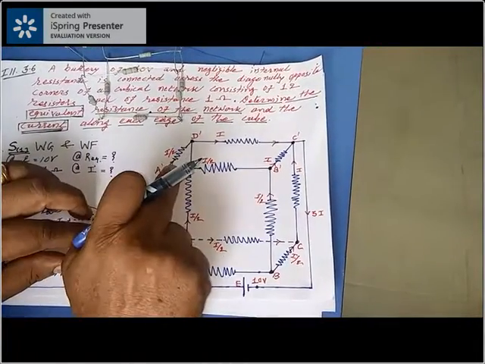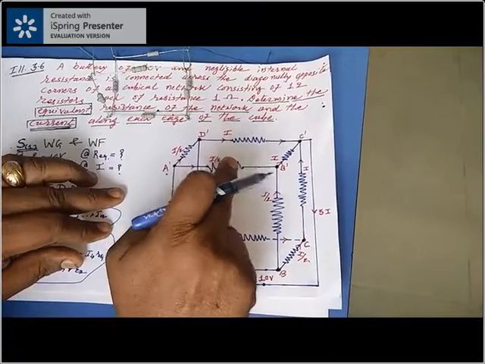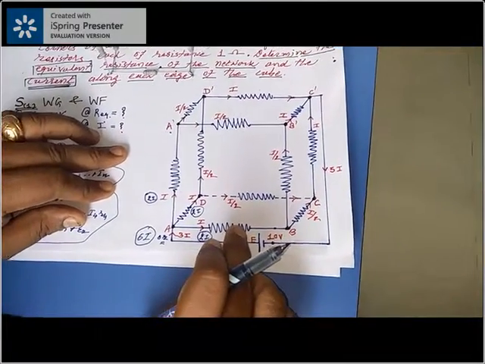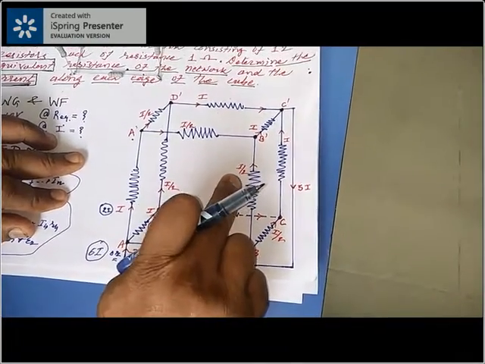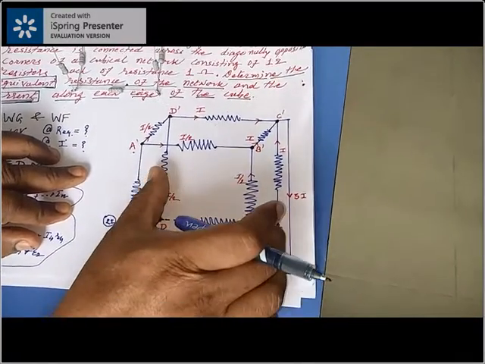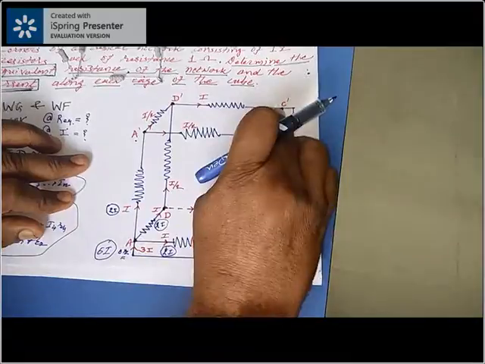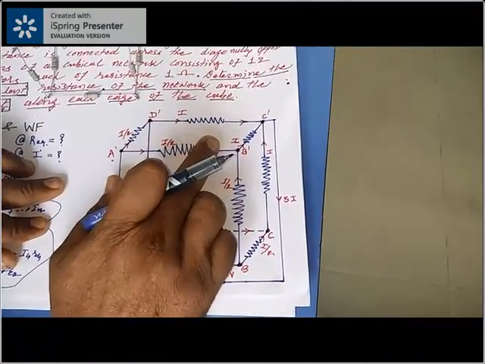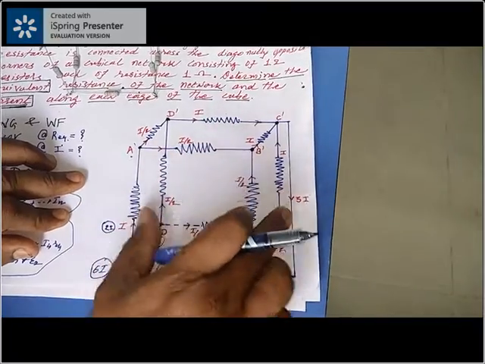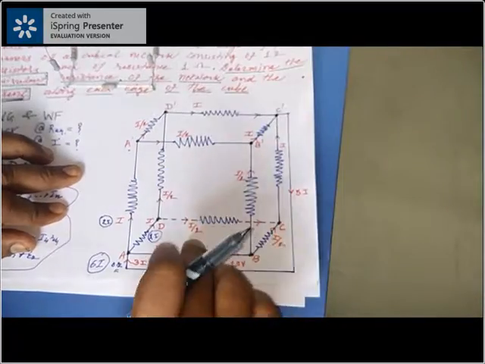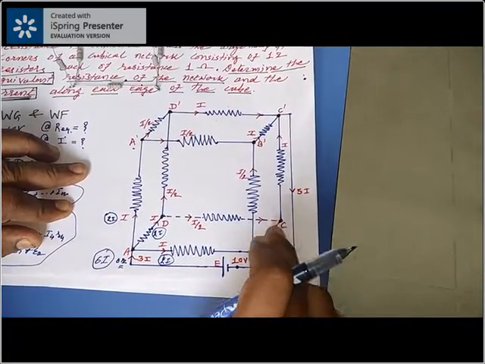Similarly for the A dash, again I by 2. Similarly on the branch with respect to the junction point B, I by 2. You know very well friends, the total current reaching the junction point C, that is I, that is the output 3I. So it's a complete loop with respect to the current 3I.